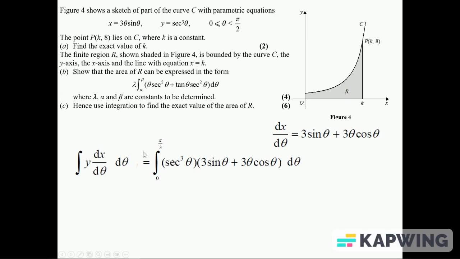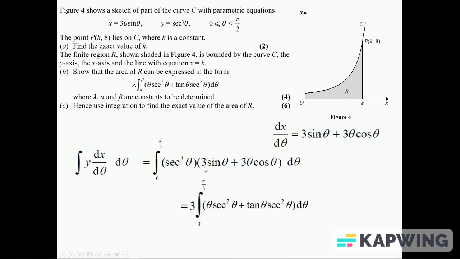We need to change the x limits into theta limits, pi/3 and 0. The x value 0 gives the theta value 0. And then if we multiply it out, sec cubed times cos, sec times cos is just 1, so it'll be 3 theta times sec squared when you cancel out a cos and a sec.